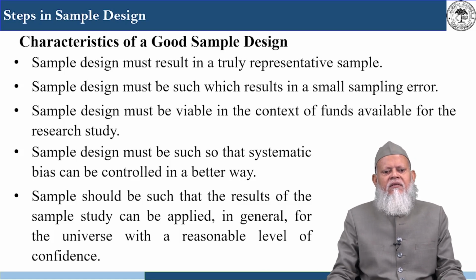Further, the sample should be such that the results of the sample study can be applied in general for the universe with a reasonable level of confidence, and this is what we have been doing.